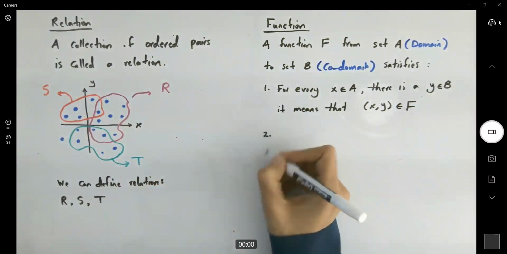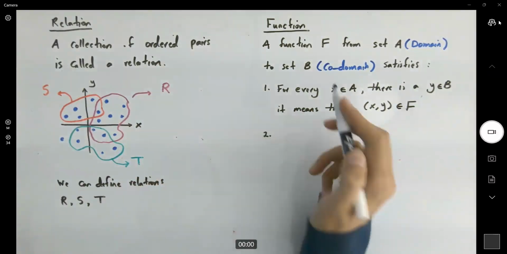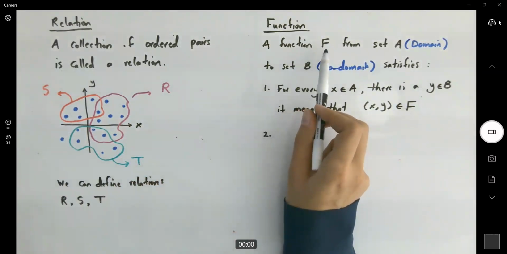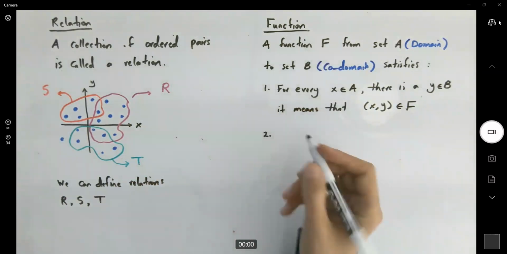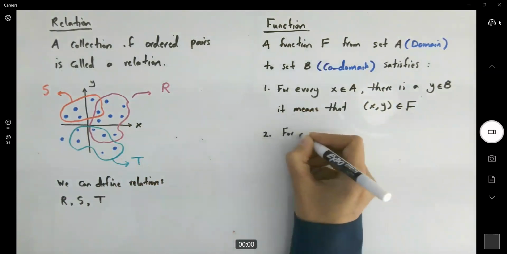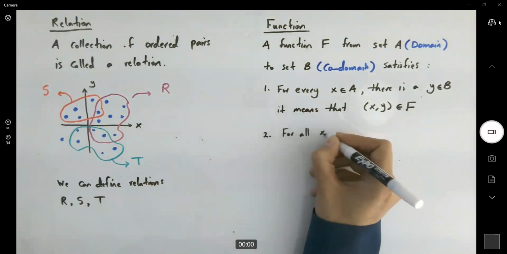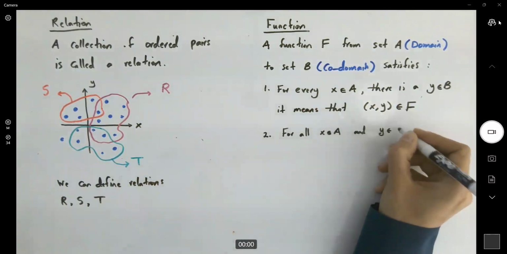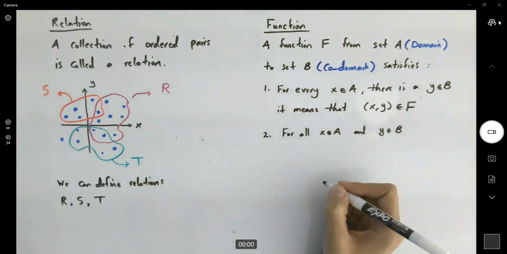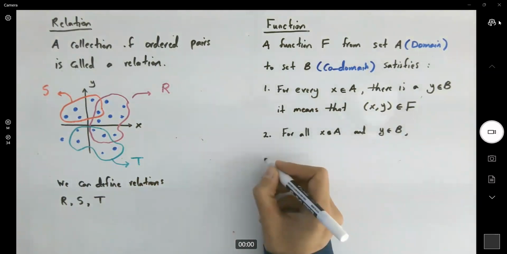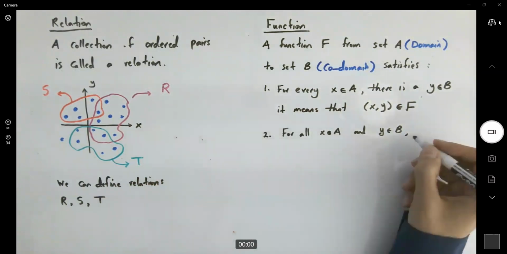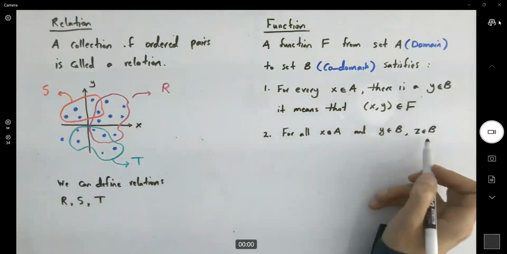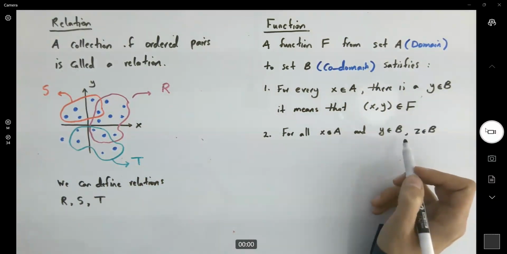Second condition, adding the second condition makes this relation f to become a function. For all x values in A and y values in the codomain B and Z in your codomain, so I'm taking two y values. Take a look at this.